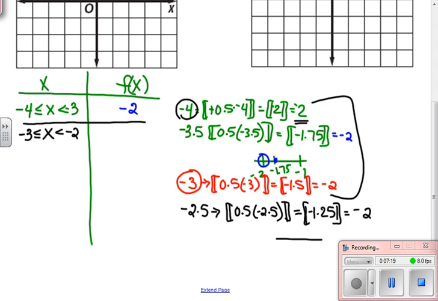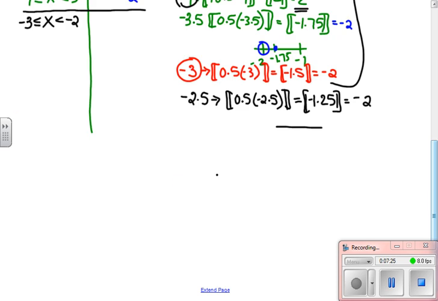So my interval looks like it's probably going to stay the same. So let's test another one in that interval. So let's test negative 2 itself and what happens. And when I test negative 2 itself, I get 0.5 times negative 2.